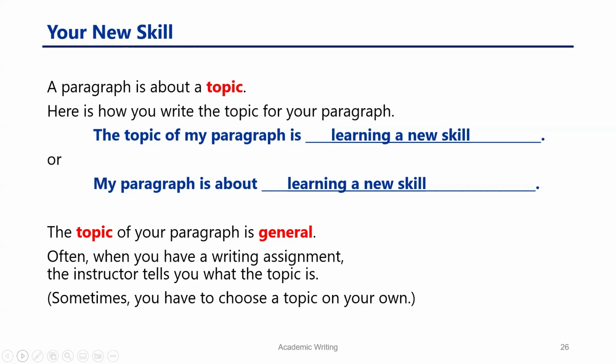Or we could say, my paragraph is about learning a new skill. Notice that the topic for your paragraph is general. Often, when you have a writing assignment, your instructor tells you what the topic is, and that's true in this case. But sometimes you get to choose a topic on your own.